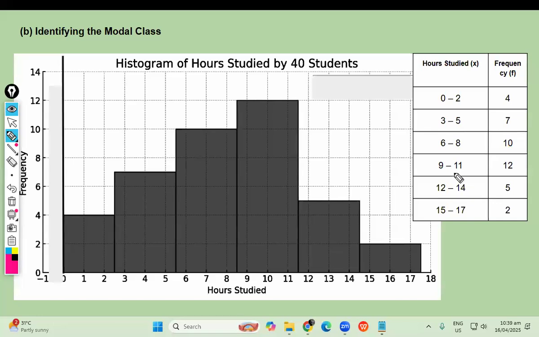Which one has the highest frequency? This one has the highest frequency: 9 to 11. So you just have to physically write 9 to 11. They ask for the modal class. That's the actual answer. I think some people went to the graph by mistake.